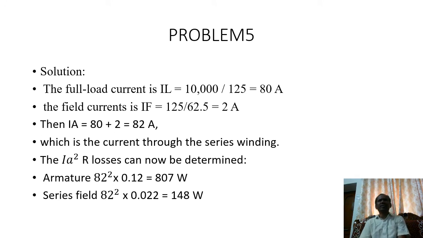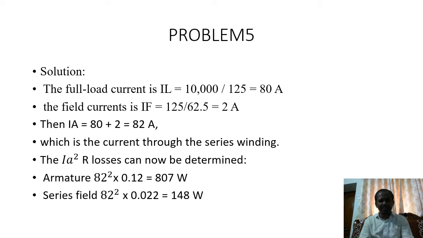So first of all, you can calculate and draw. Full load current IL is equal to 10 kilowatts, that is 10,000 divided by V, 125. That is 80 amperes. What is the load current? 80 amperes. Field current is ISH.